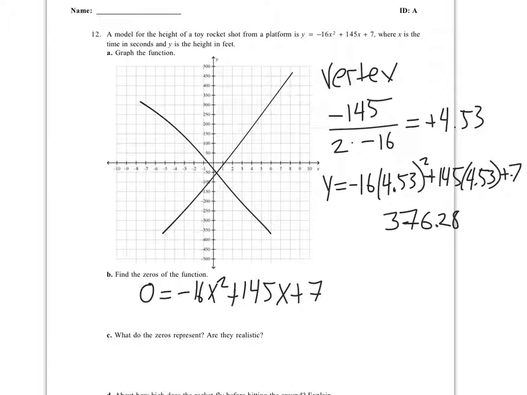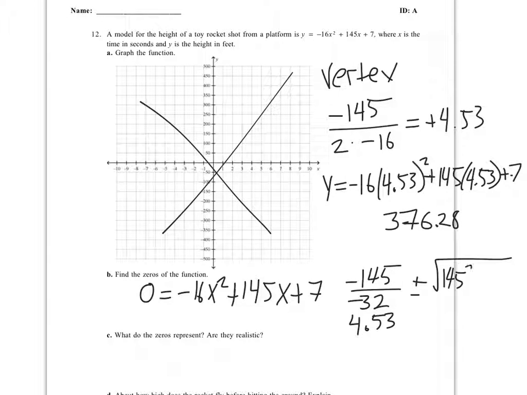And in doing so, that's negative b over 2a. So negative 145 over negative 32. Hey, we already did that part. That's 4.53. Plus or minus the square root of 145 squared minus 4 times negative 16 times 7. Okay, let's do that part out.